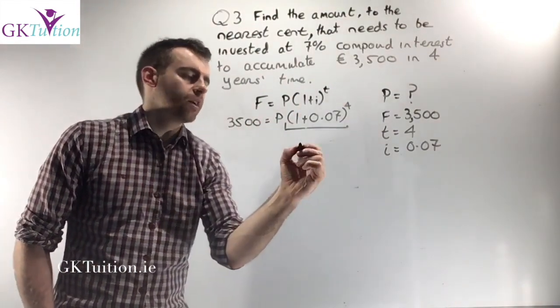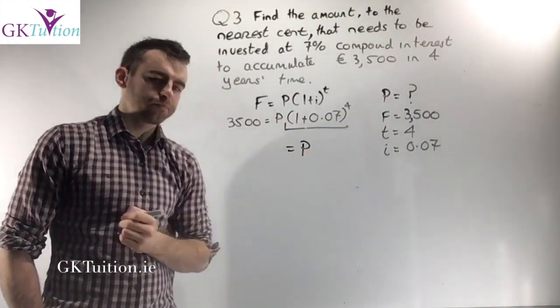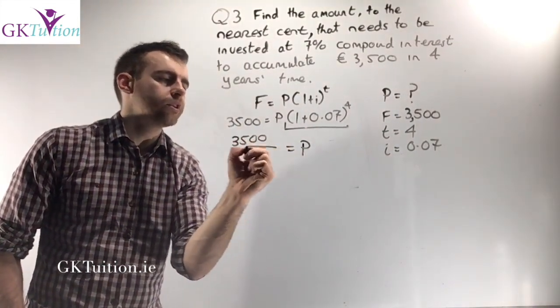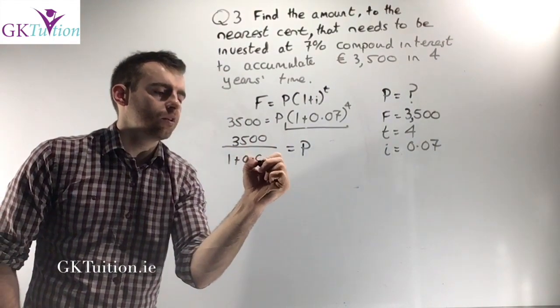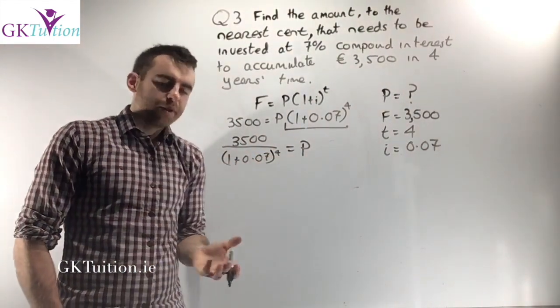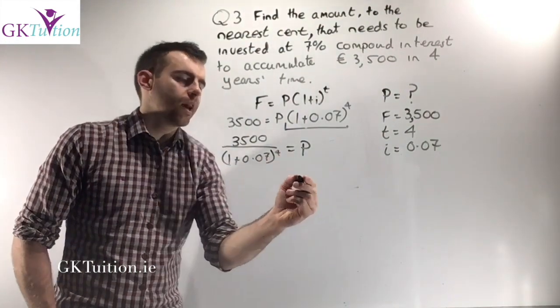If you divide the right hand side by that, you'll just be left with P. If you divide the left hand side by that, it's 3,500 divided by 1 plus 0.07 to the power of 4. And now I'm happy out, I can just plug all this straight into my calculator.